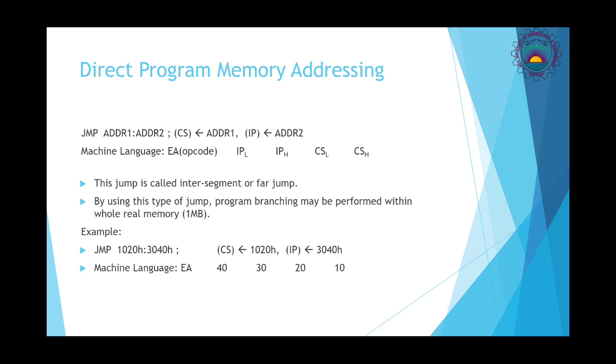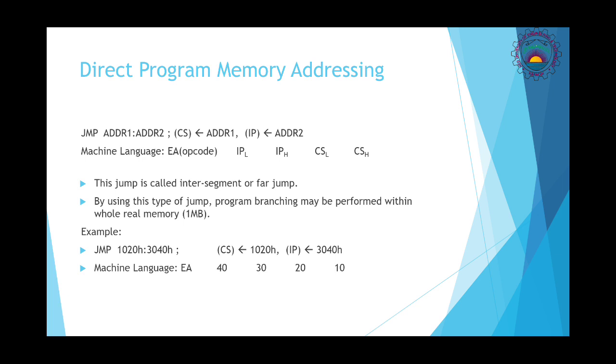When you write this jump instruction in your program, the assembler converts it into machine code. The machine code for this instruction is EA, the opcode for far jump or direct jump.